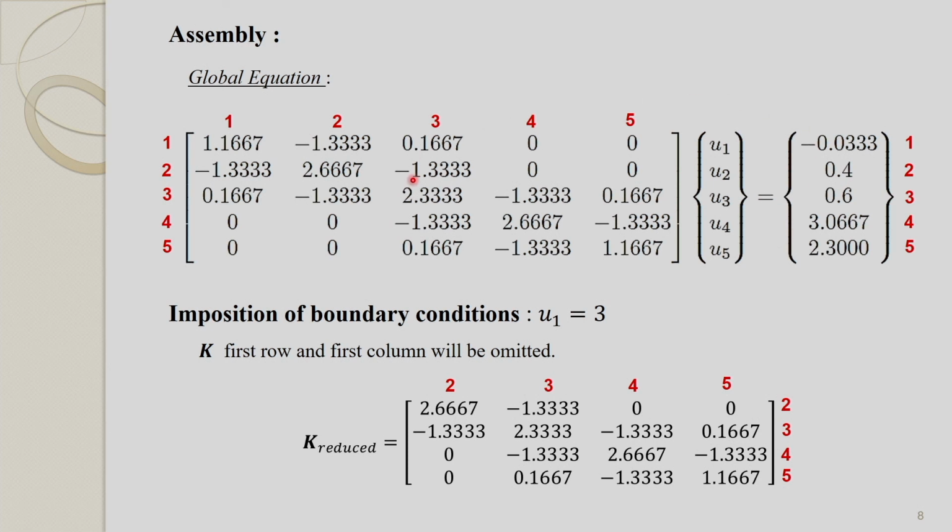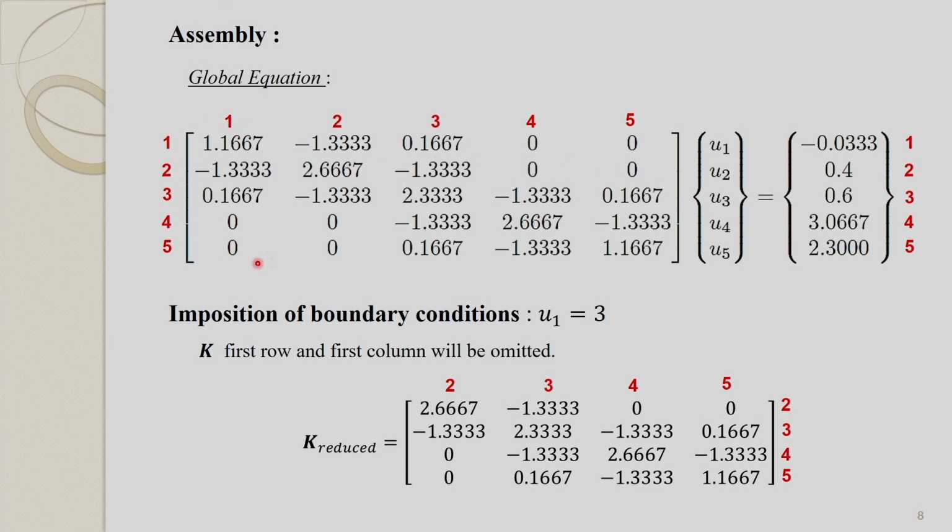So, this is our global equation. Now, the next step is to impose the boundary condition. The only essential boundary condition is u1 equal to 3, which is a non-zero essential boundary condition. So, the first step is we eliminate the first row and first column.